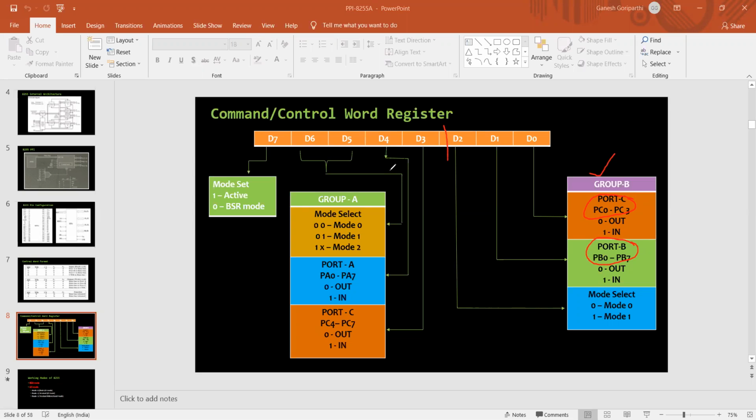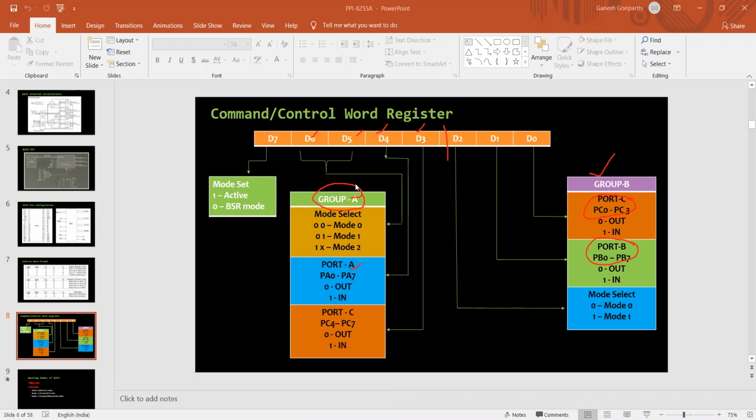And the remaining bits, D3, D4, D5 and D6, these four bits give the control of group A. In group A, we have port A and port C upper nibble.